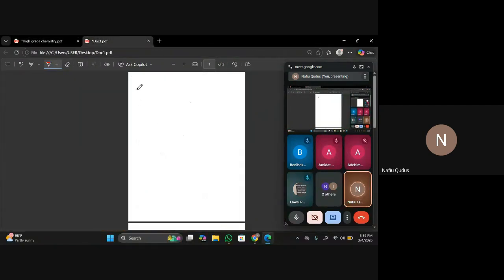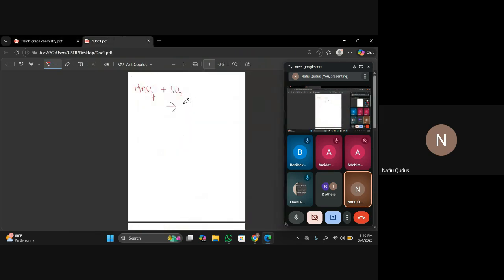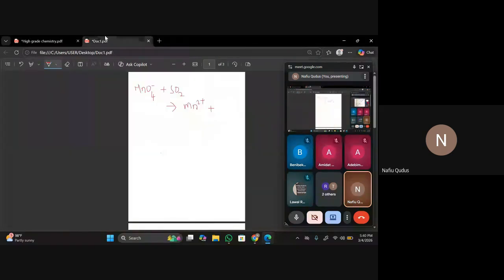We have MnO4 minus plus SO2, which gives Mn2 plus and SO4 2 minus.